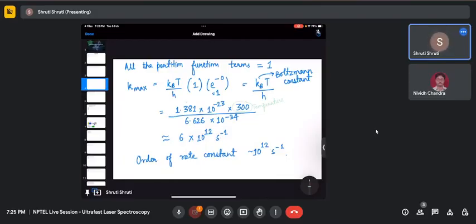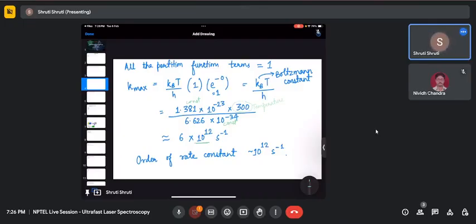Number of photons emitted is the emission, and number of photons absorbed, let's write it as the intensity of absorbance for the sample.